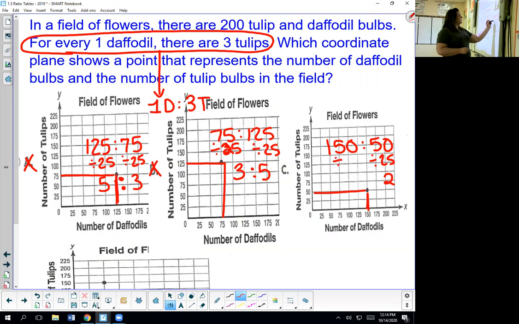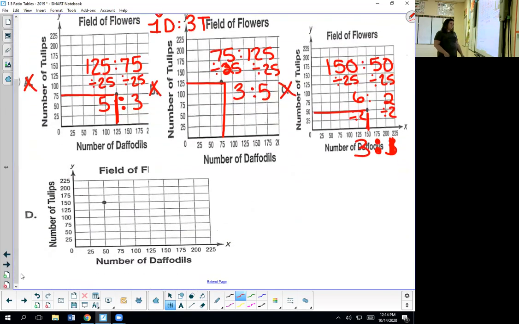If I divide this by quarters, I get 6, which, if I cut this in half and then cut this in half, I get 1, 2, 3. I want 3 to 1. So, not this one. So this last one that I have hiding is the correct one.